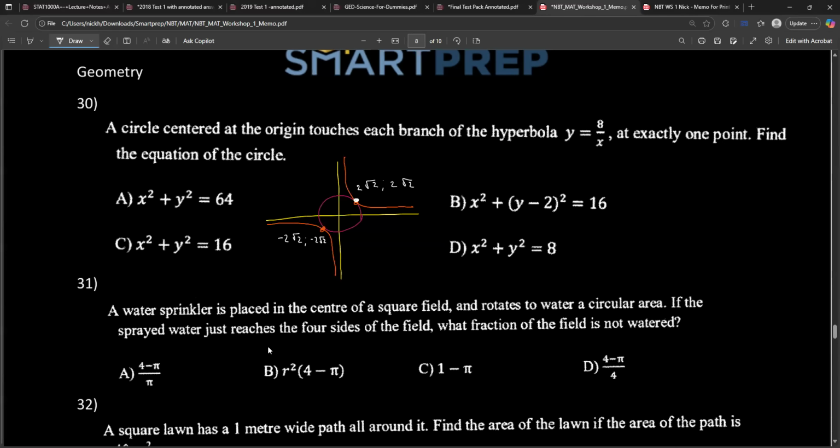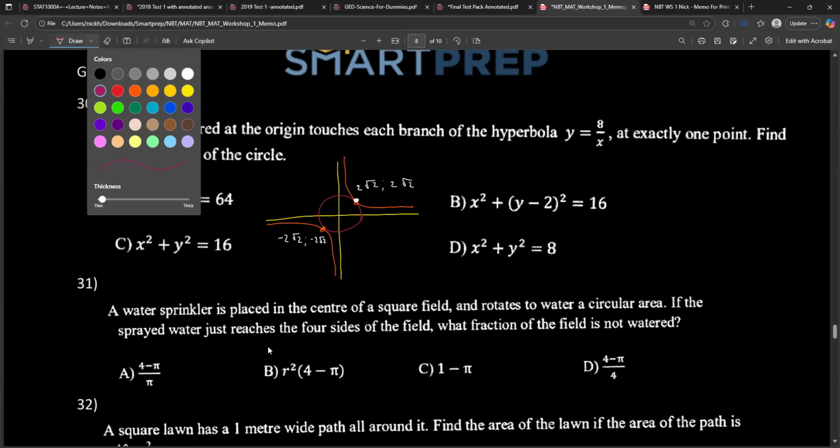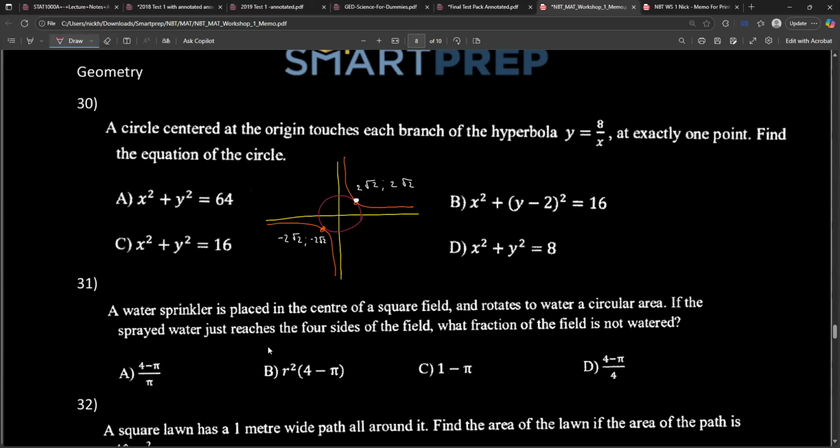Then we now know that this is the center of the circle here, this is the equation of the circle, right? And it goes through the origin.